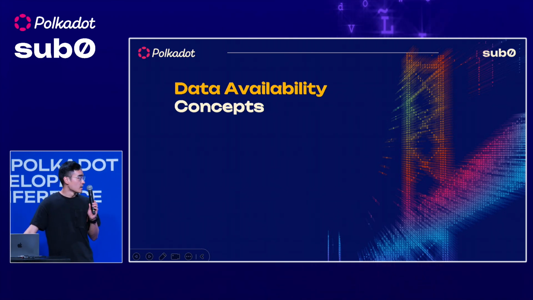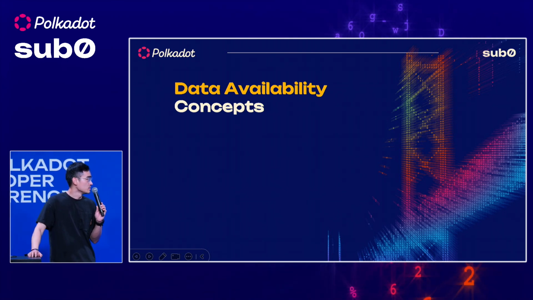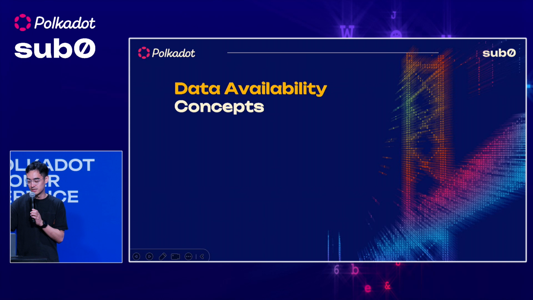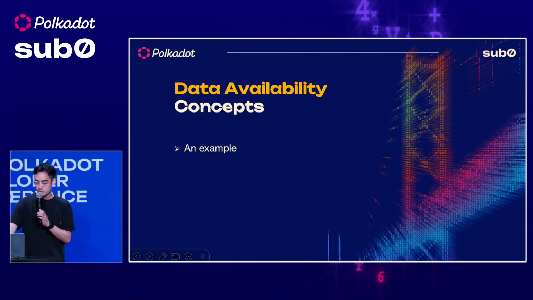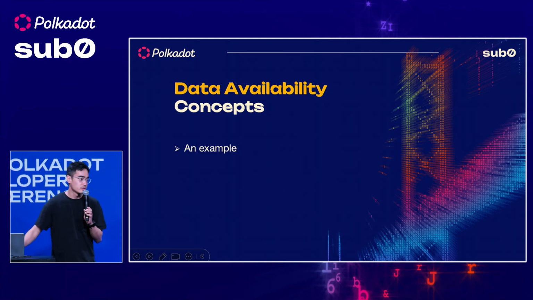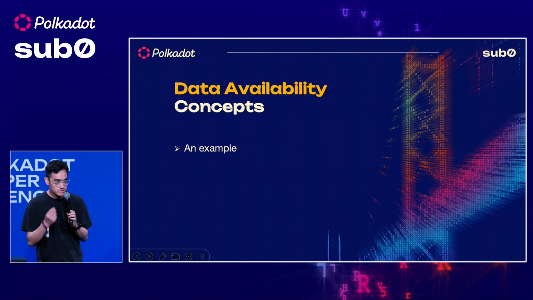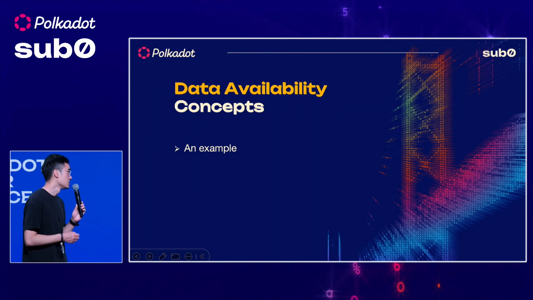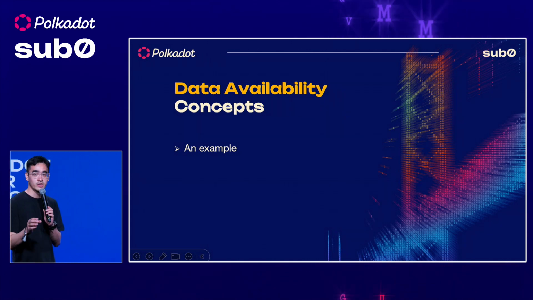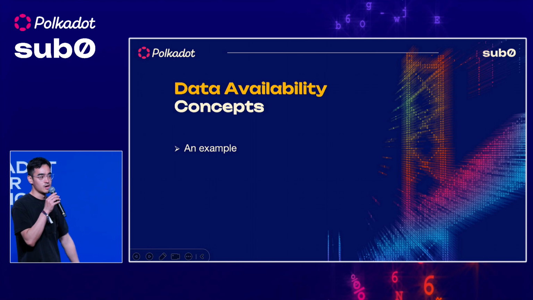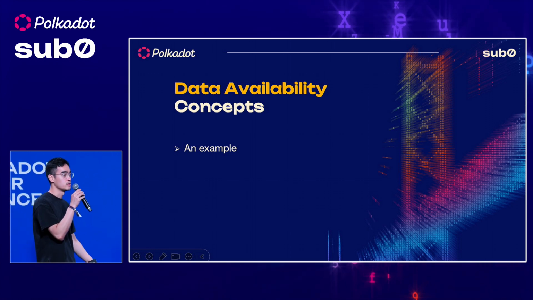Okay, so let's get started with this topic, data availability. Let me give you a very simple example of what data availability is and why it is important. Imagine you are running a light node, for example for Bitcoin or Ethereum.